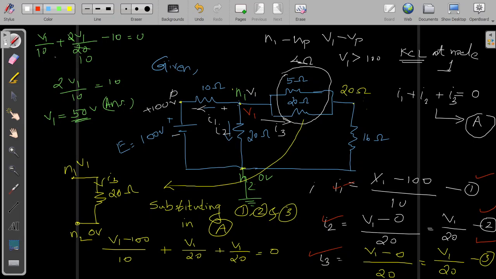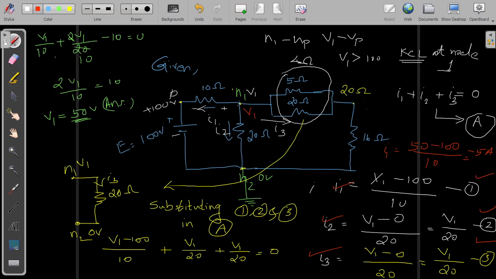Now I1 equals V1 minus 100 divided by 10. V1 is 50, so 50 minus 100 divided by 10, that's equal to minus 50 by 10, which is minus 5 ampere. So what does this negative sign mean? The negative sign indicates that the assumed direction is wrong and you have to negate the assumed direction.